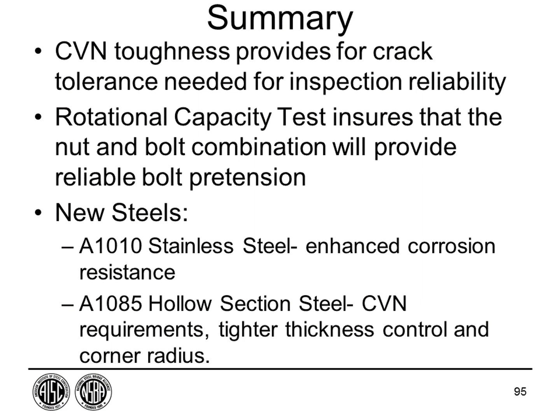The new 1085 spec should be considered for bridge applications because it has the CVN requirements, tighter thickness control, and quarter radius control, so it reduces the amount of plastic deformation at the corner. This is new on the market and is not available in all sizes, so you need to check on it if you're going to specify it.